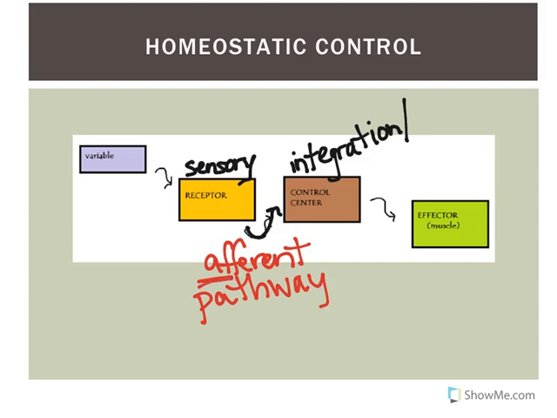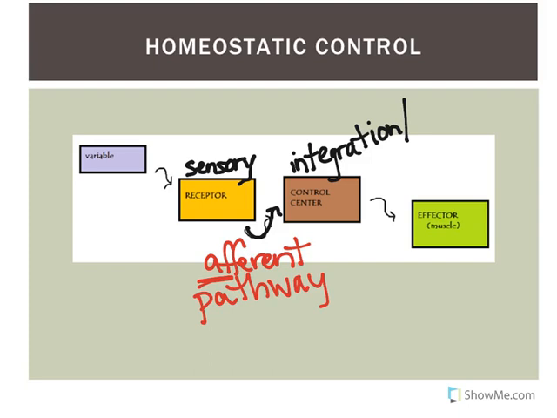Now the integration or control center interprets that information, analyzes it, and coordinates a response. And it's going to tell various effectors, which could be skeletal muscle, cardiac muscle, smooth muscle, or glands, a number of different things are effectors, and the effectors will elicit a response that is directed by that control center.